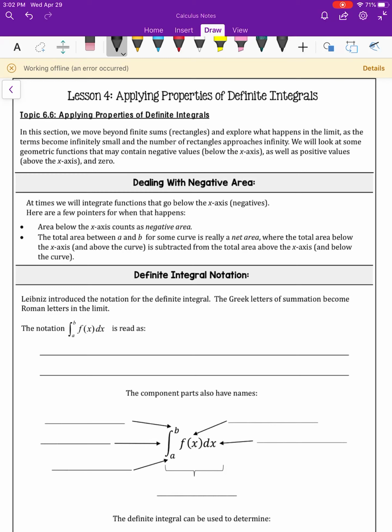Leibniz, who was a famous mathematician, introduced the notation for the definite integral. The Greek letters of summation become Roman letters in the limit.